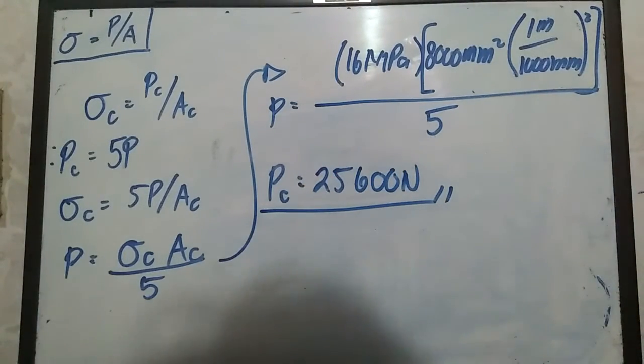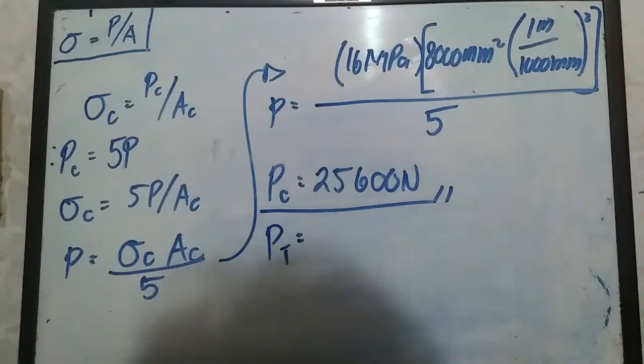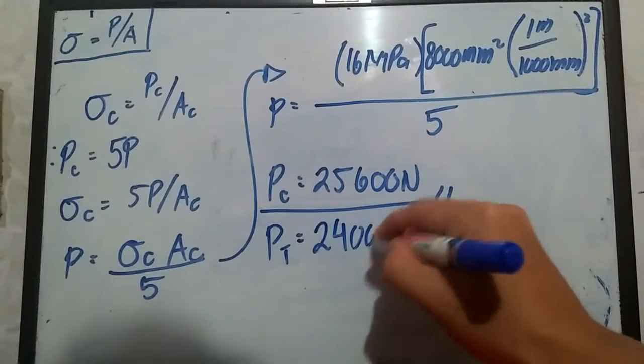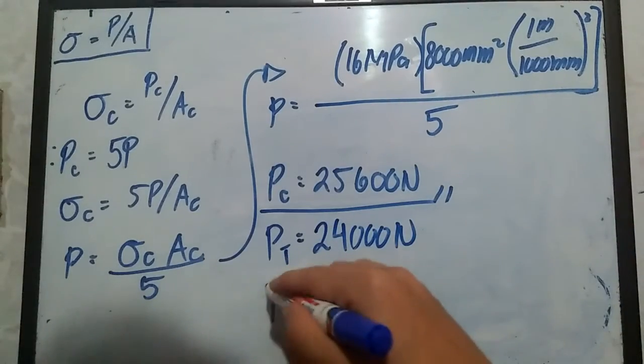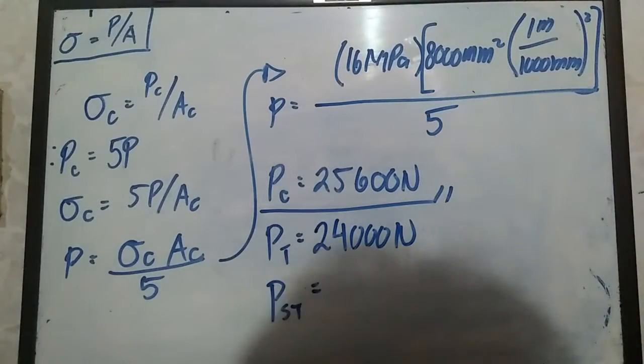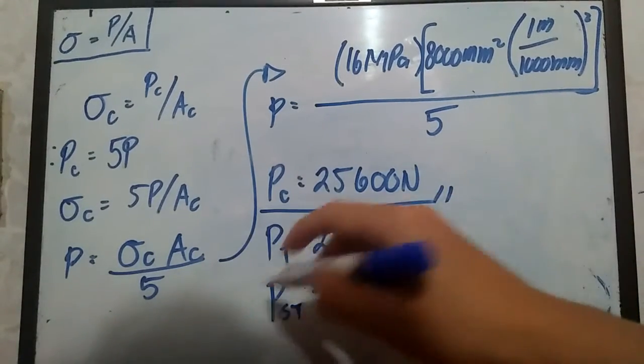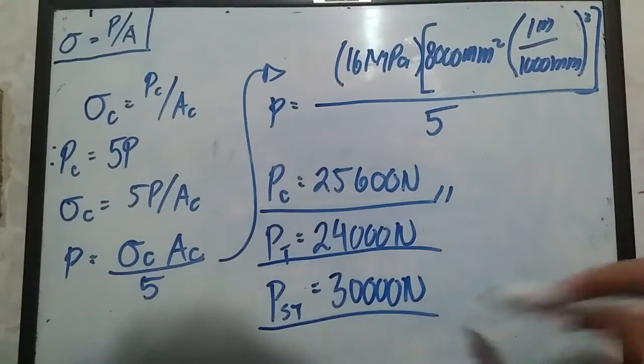And based on our previous answers, for the timber that was 24,000 newtons if I'm not wrong, and for the steel, P sub ST is equivalent to 30,000 newtons. So the question here is, what would be P sub max?